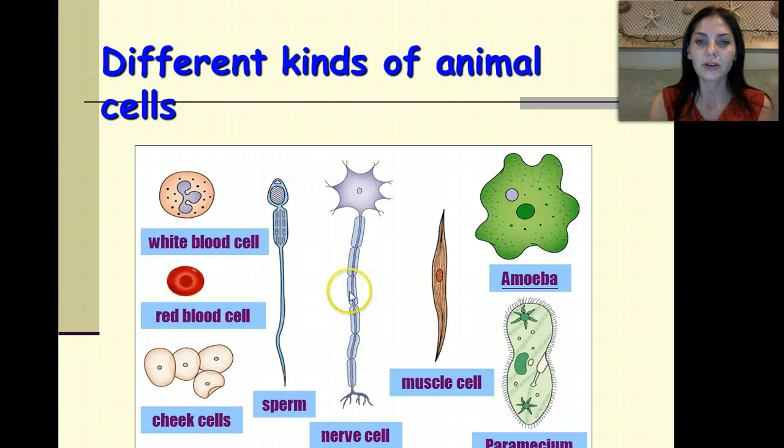And this long part right here is called the axon. We have sperm cells, white blood cells, red blood cells, cheek cells, muscle cells, paramecium, and amoeba. These are all examples of animal cells, but like I said, I would take special note of the nerve cells.